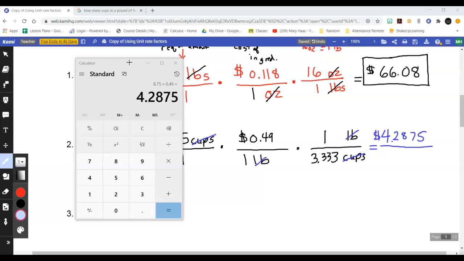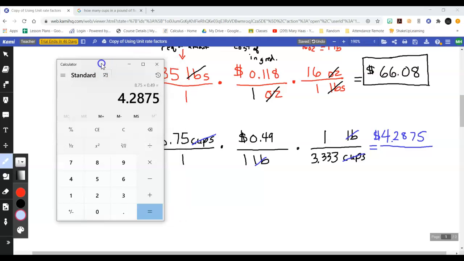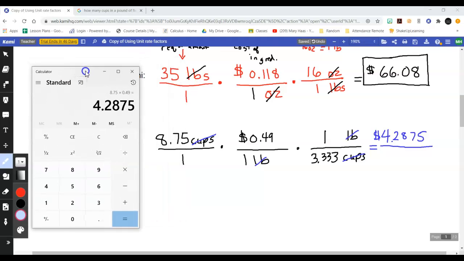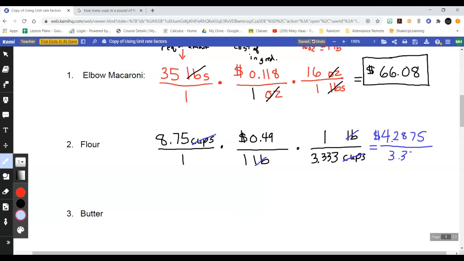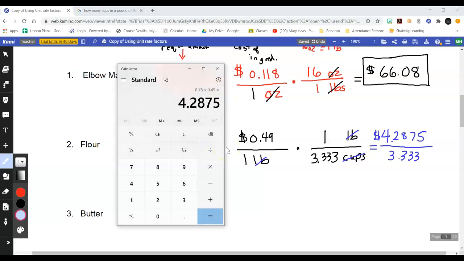But instead of a 1 on the bottom like it was in the previous example, I'm going to have 1 times 3.333. So pull that calculator out again. Since 4.2875 is already on my screen, all I need to do is divide it by 3.333.